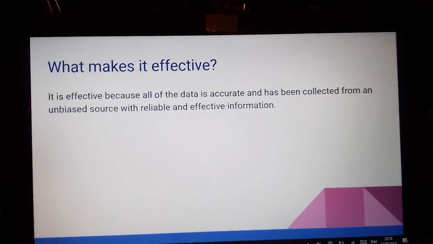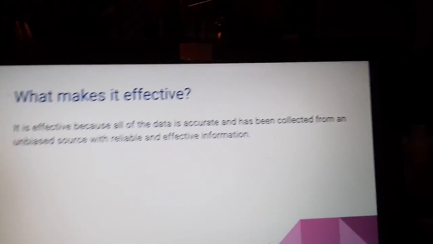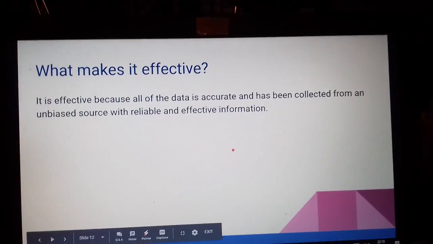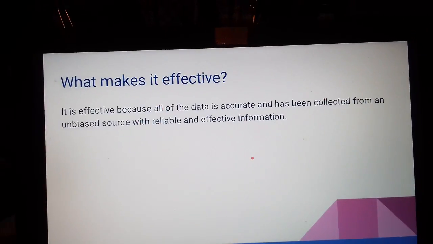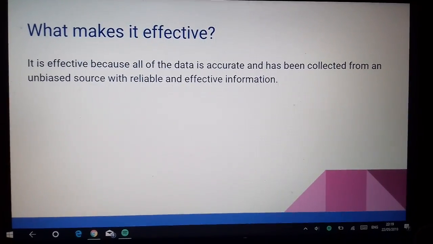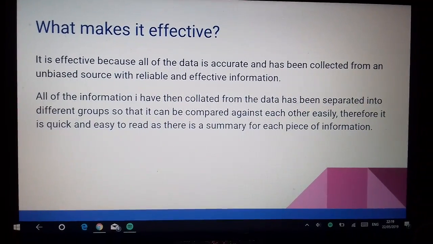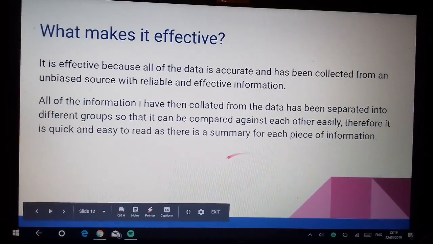What makes it effective? It's effective because all of the data is accurate and has been collected from an unbiased source, the unbiased source being the government, and it has been checked by an Excel formula, making sure that there are no mistakes in the spreadsheet.